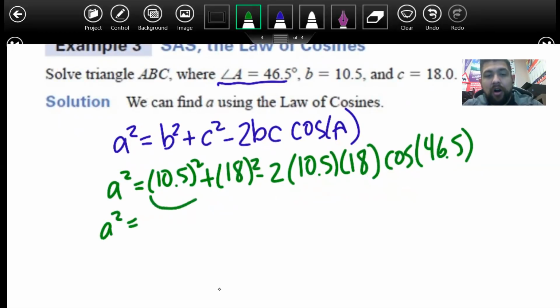I'm going to plug all this into my calculator, and you can do that. Make sure you put parentheses around your values. 10.5 squared plus 18 squared minus 2 times 10.5 times 18 times cosine of 46.5.